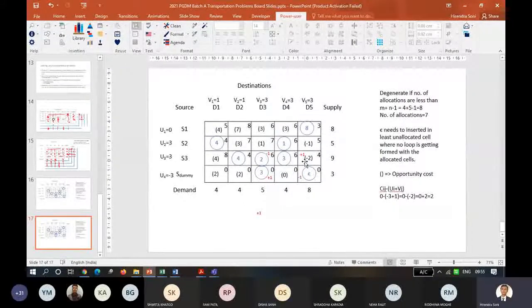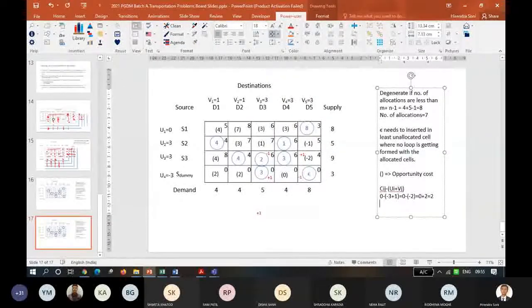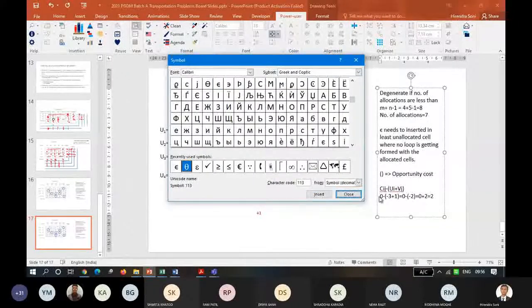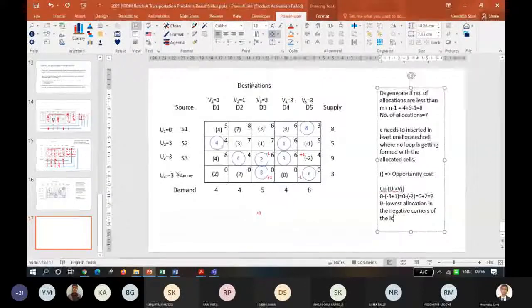So now, फिर हम क्या करते हैं? What would be your theta? Theta value would be correct.